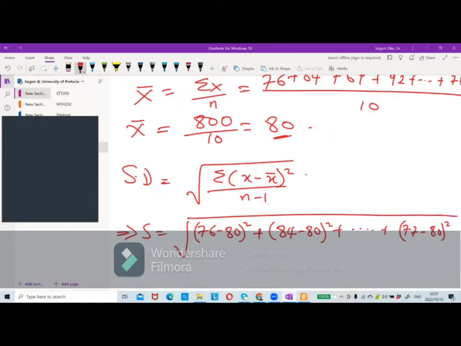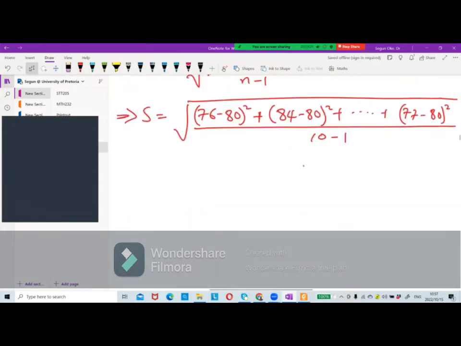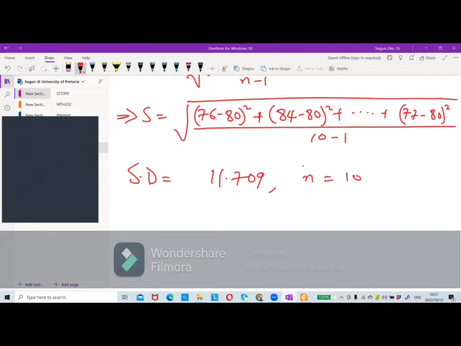You will get negative, but when you square the negative, it becomes positive. So you don't need to be scared. Divided by 10 minus 1. If you do this one very well, you are going to have standard deviation to be 11.709. Don't forget your N is equals to 10.